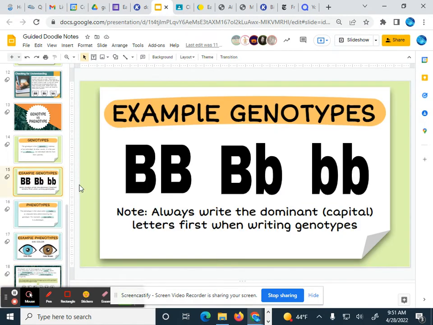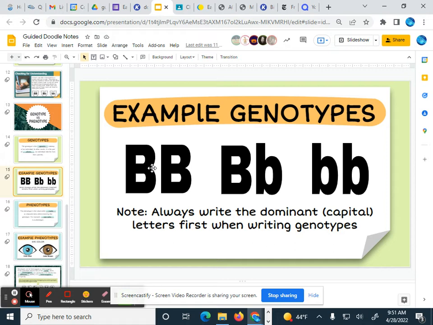So let's go back to this example here. First you're going to call out whether it's homozygous, two of the same, or heterozygous. So the first one, everyone. Homozygous. Good.